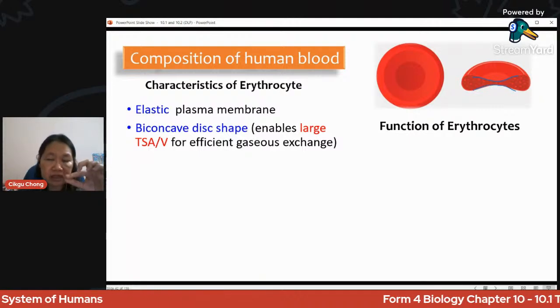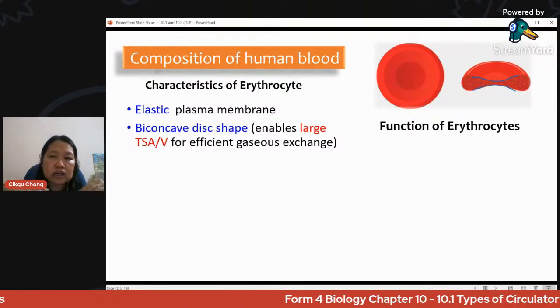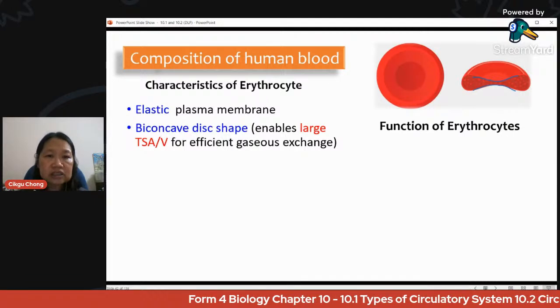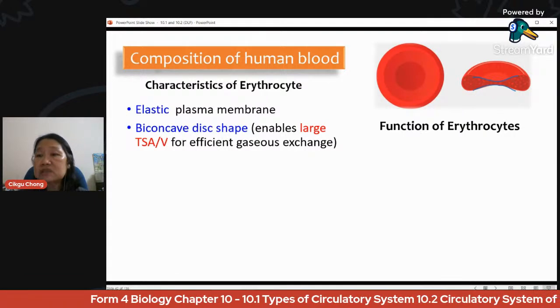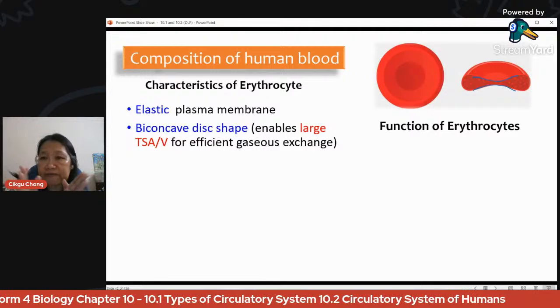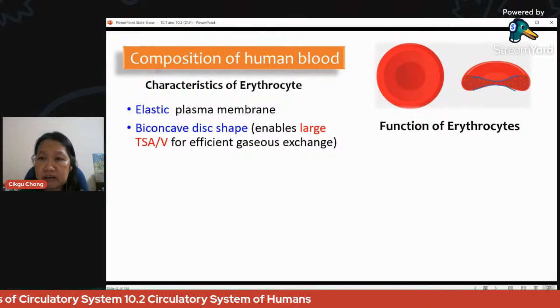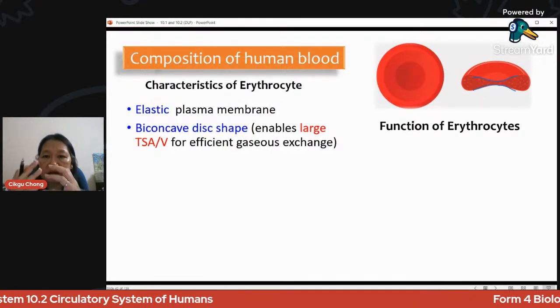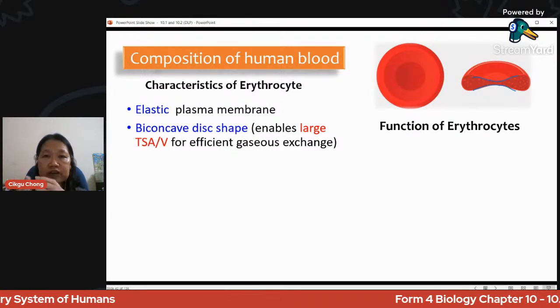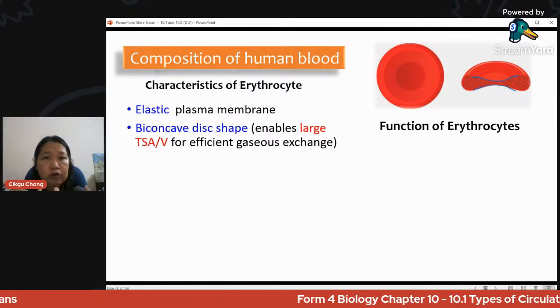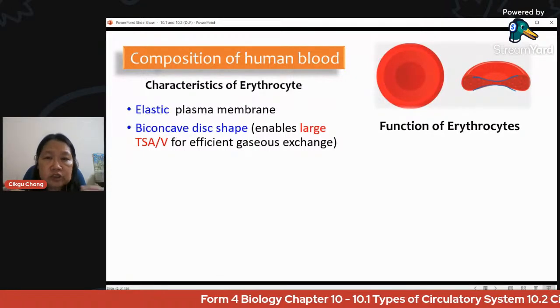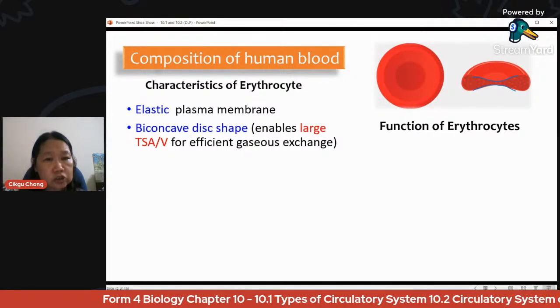So it's a bit thinner in the middle. This enlarges the total surface area per volume, because it is flatter. When it's flatter, it will allow diffusion to happen at a higher rate, rather than having a huge sphere. When it's a huge sphere, the inner part is very far away from the side, so diffusion will be very, very difficult or very slow.